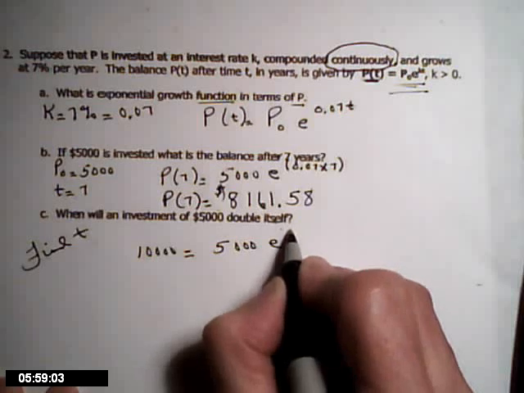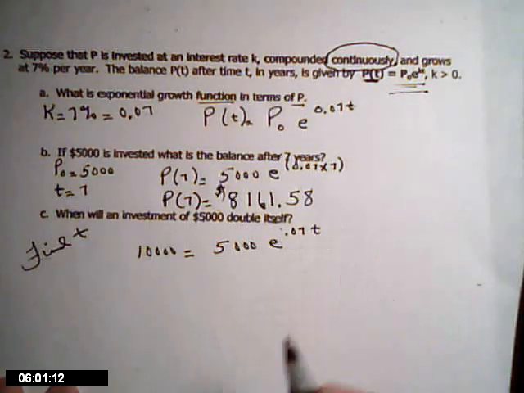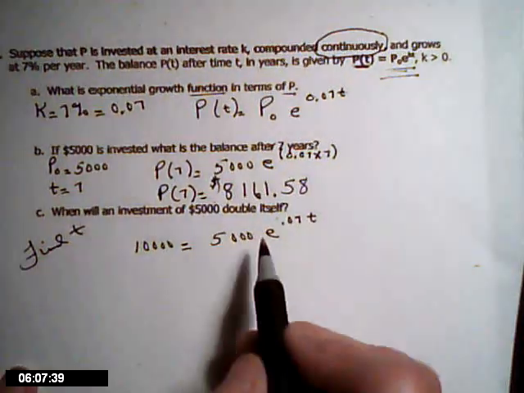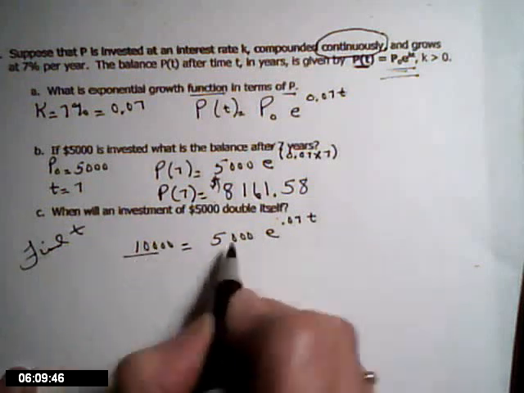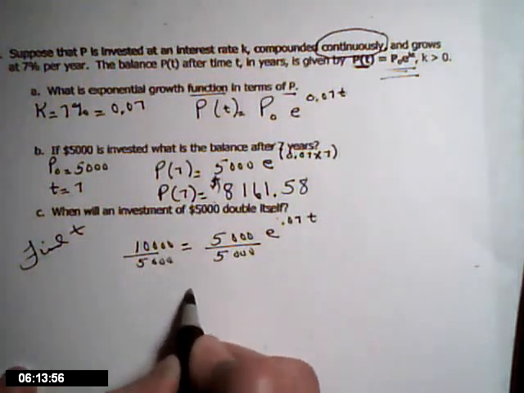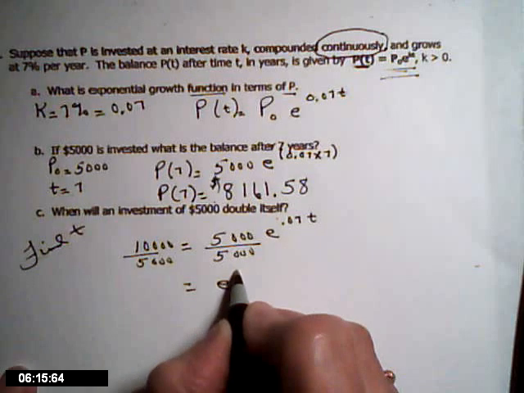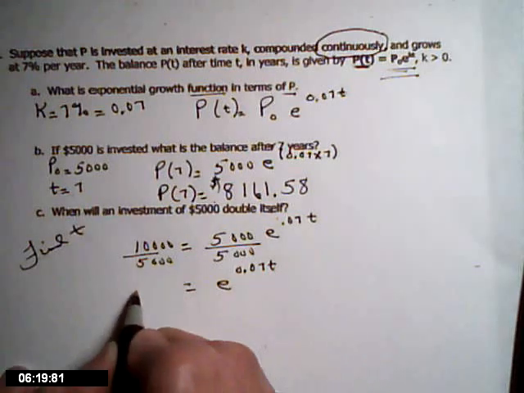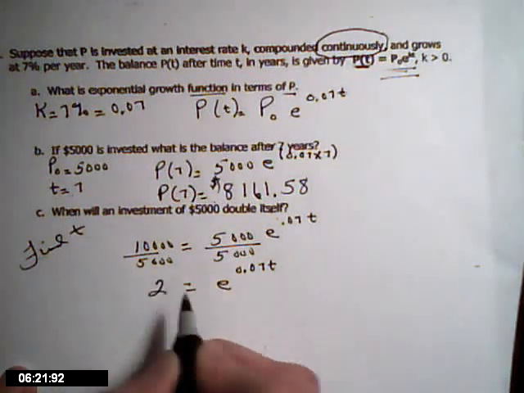I had a 0.07 rate, but I don't know the years. This time I do not know the time. Before I do anything, I want to get rid of this coefficient. I'm going to divide both sides by 5,000. That leaves me with e to the 0.07t equals 2, since 5,000 into 10,000 leaves 2.